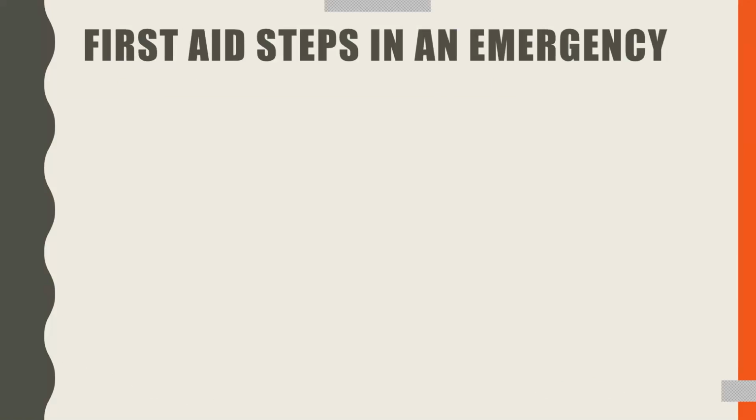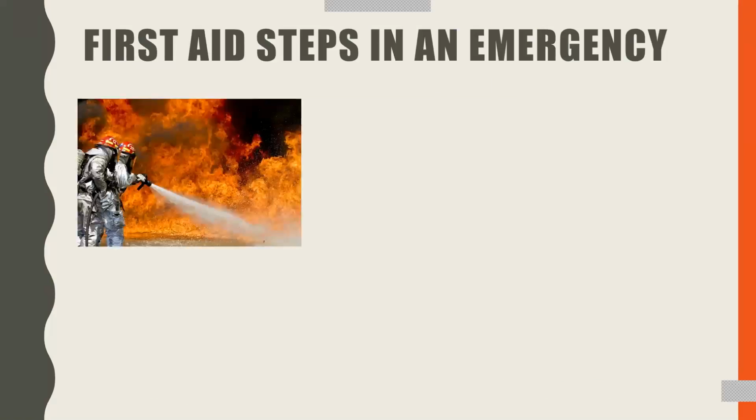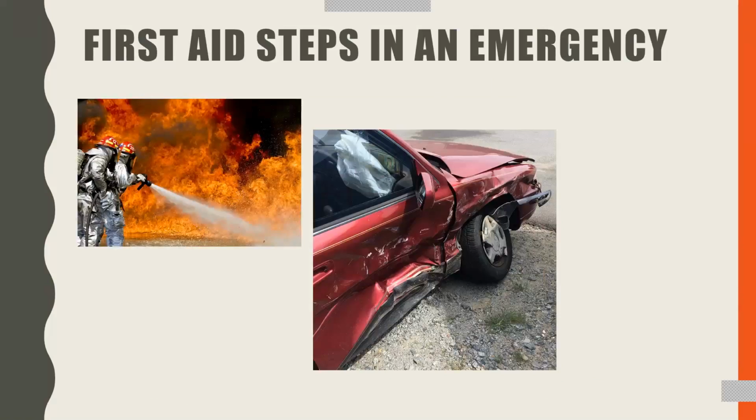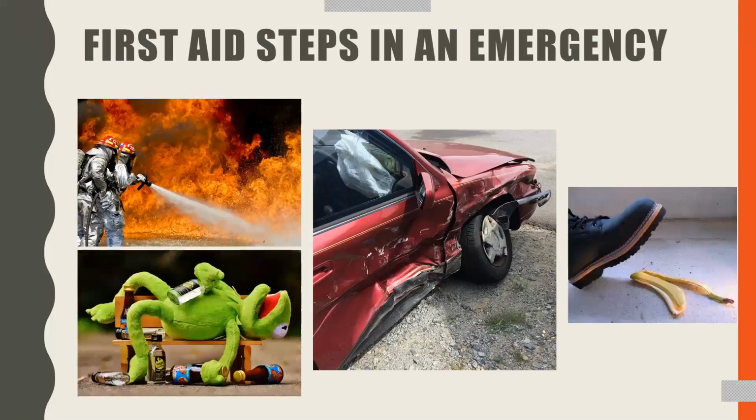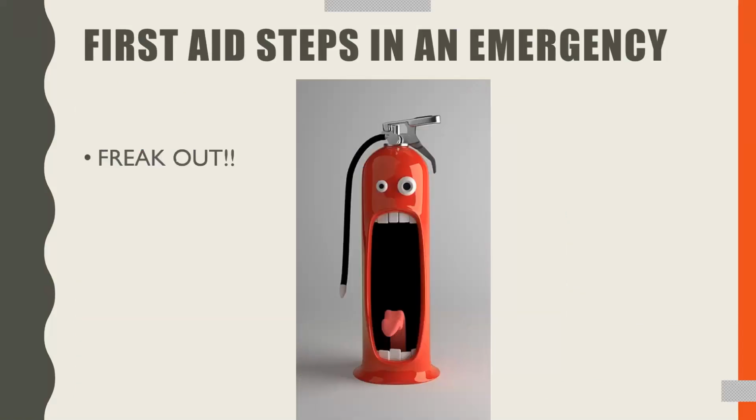Now, that was CPR, but in general, whenever there's an emergency, emergencies range from buildings on fire, wildfires outside, car accidents, motor vehicle injuries, and some more self-inflicted, like maybe someone's passing out from intoxication, or maybe someone just slipped on a banana peel, bumped their head, and now they're non-responsive.